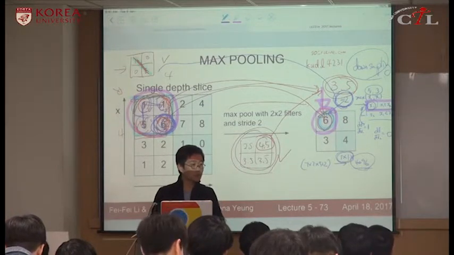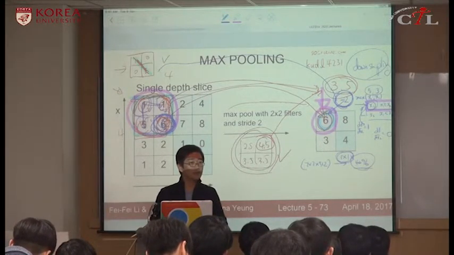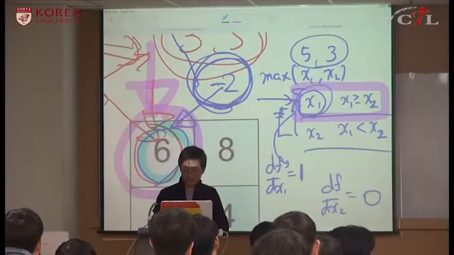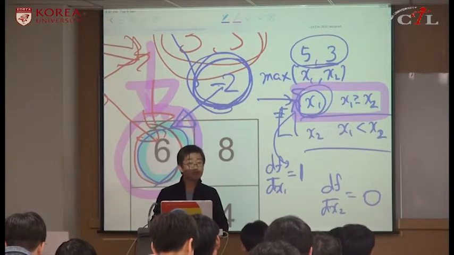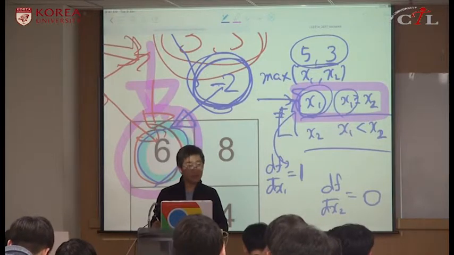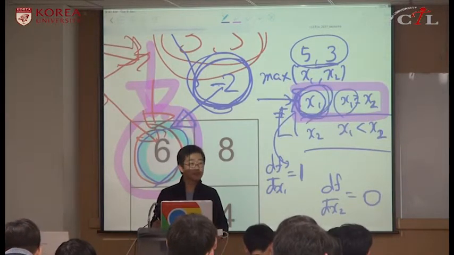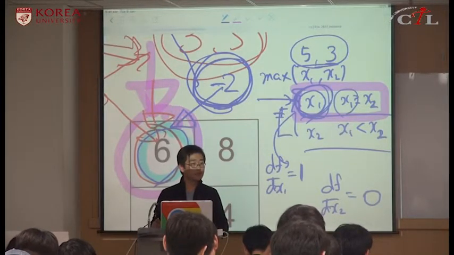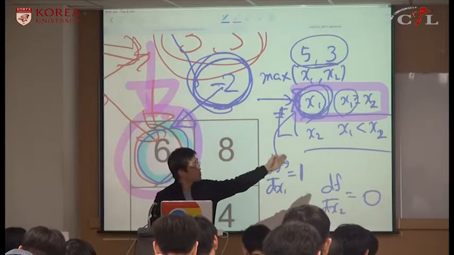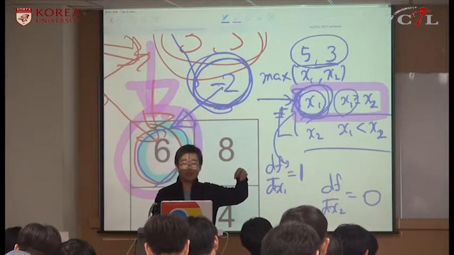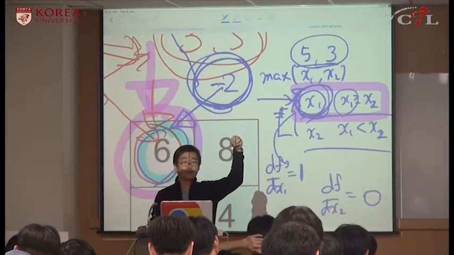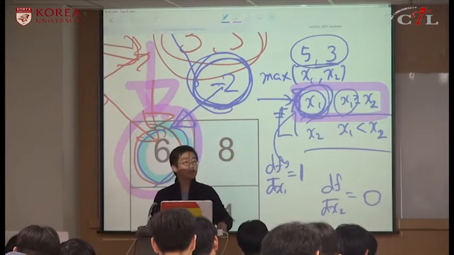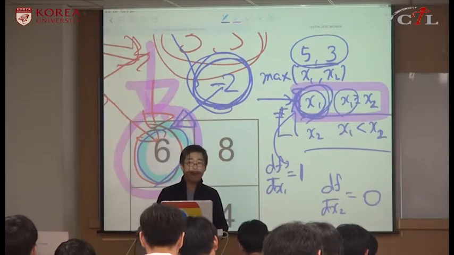Their corresponding gradient values will be 0. If we have x1, x2, x3, and x4, the max operation will pick one particular value. If it was x1, the gradient with respect to x1 will be 1, and all the other ones will have a partial gradient of 0, right?